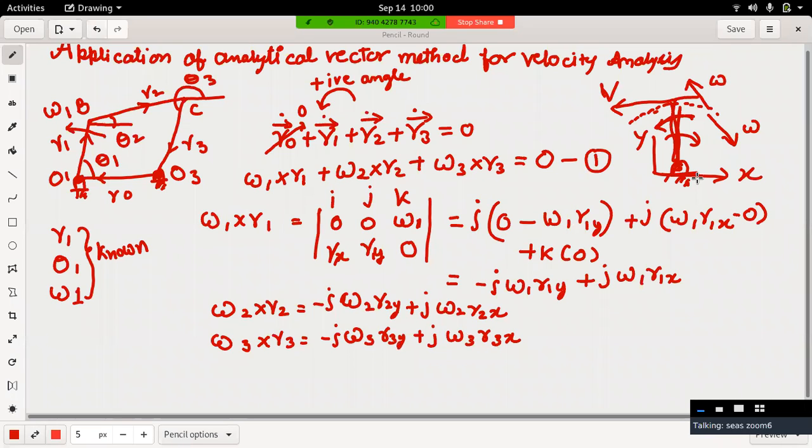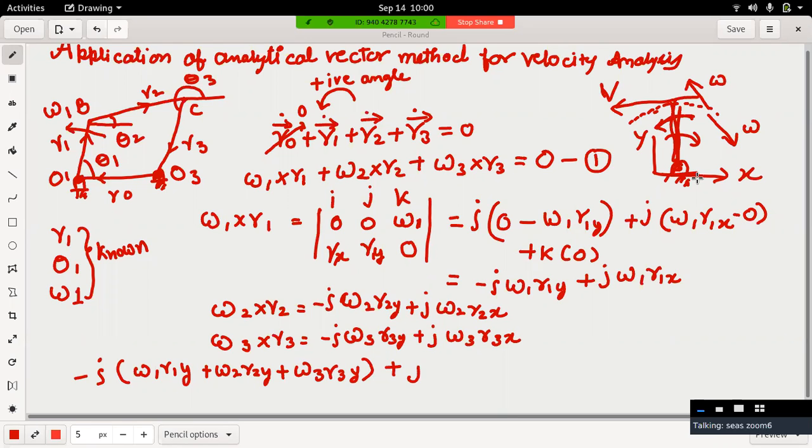So going to equation 1 and adding all the I components and j components separately, we can write minus I (omega 1 r1y plus omega 2 r2y plus omega 3 r3y).